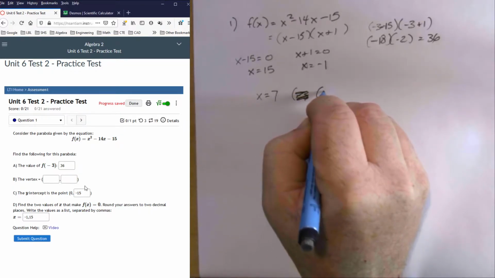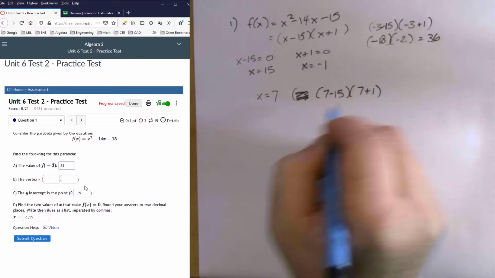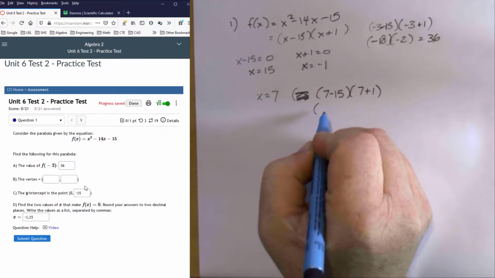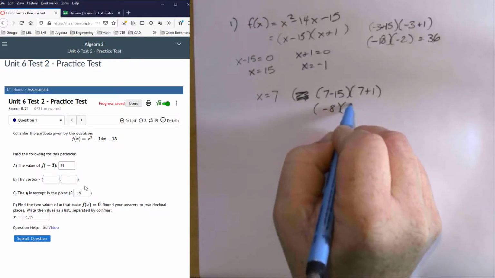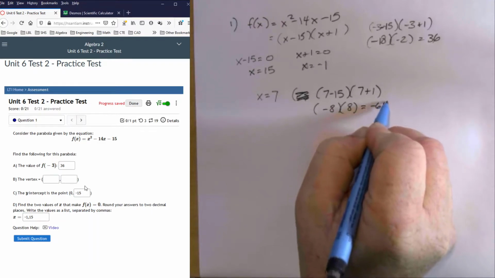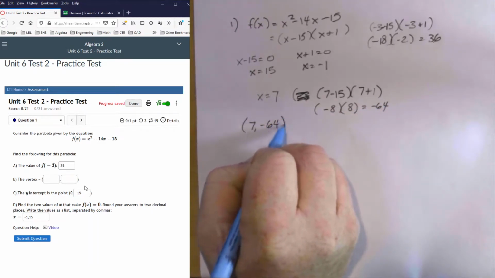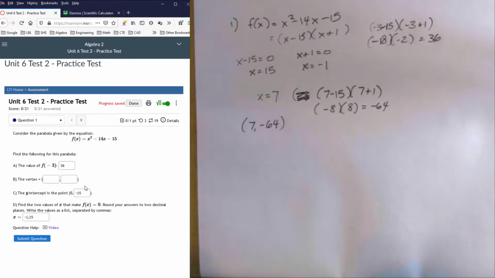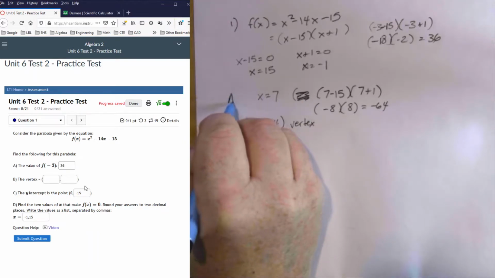plug in that equation, that would be 7 minus 15 times 7 plus 1. That's going to give me, what is that, negative 8 times 8. That's going to give me negative 64. So my vertex is going to be at the point 7, negative 64. Okay, so that's going to be my vertex. This is my axis of symmetry.